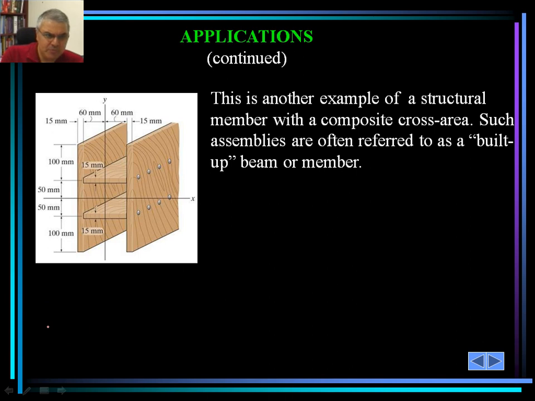Think of having a composite cross area as such, and this is a built-up beam or member. It is used in different types of structures, including building construction. And for example, we would like to find out what will be the moment of inertia of this axis. We actually put that right there.